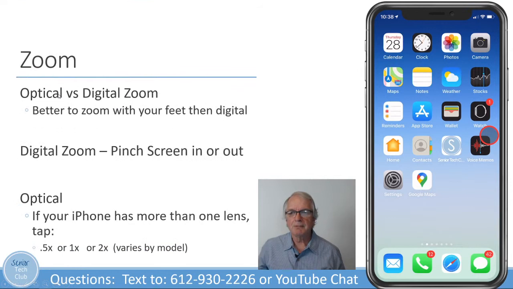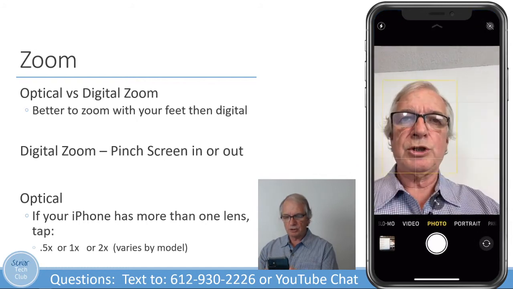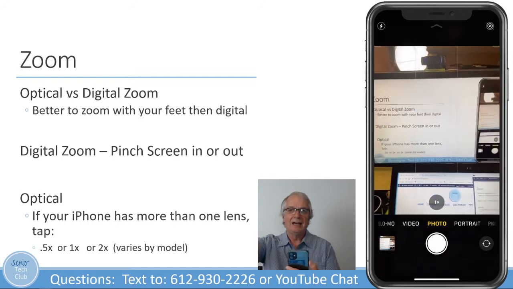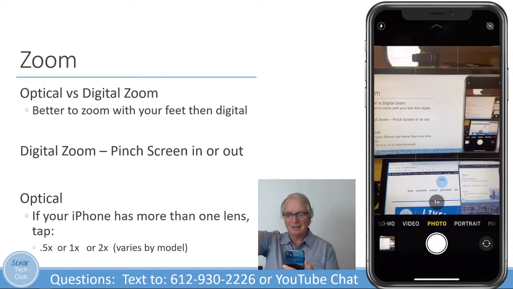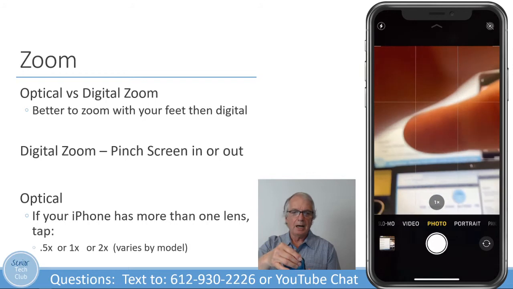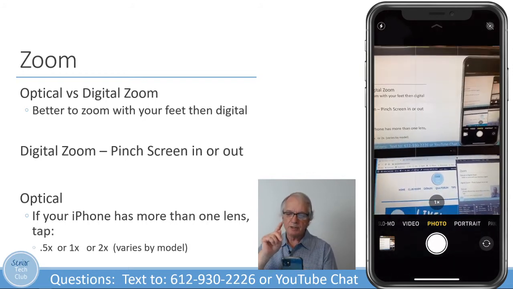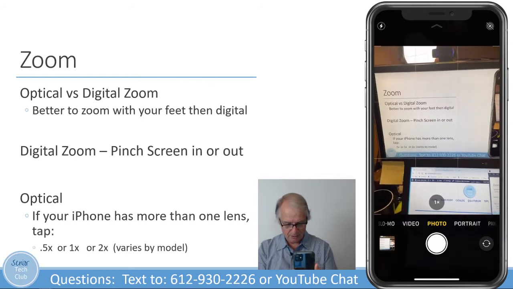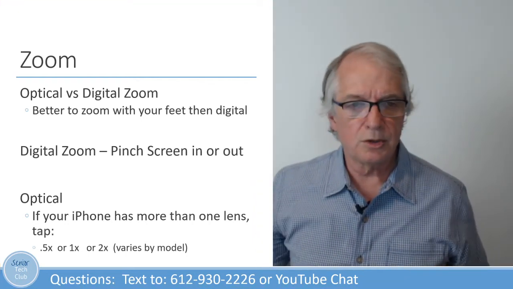Next item, I want to talk about zoom. All right, so now you are in the camera app, and we're going to switch this around, and you are looking at my computer screen. I'm sorry, that's all I have. I apologize for not having this nice scenic landscape behind. I want to talk about the difference between optical versus video zoom.